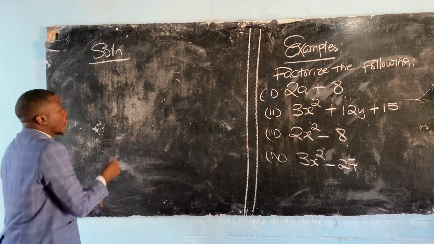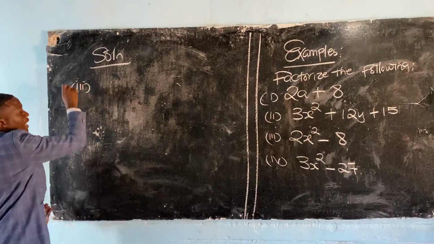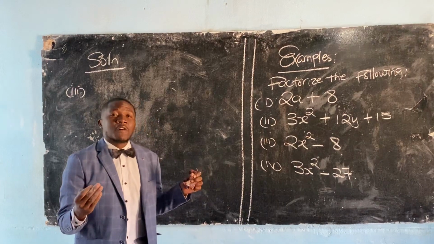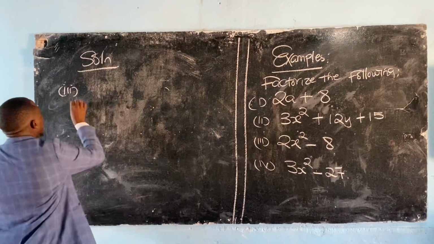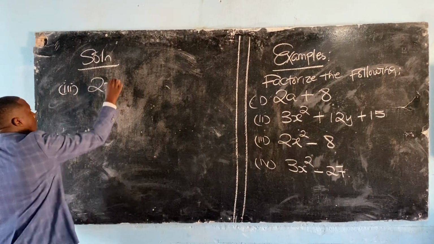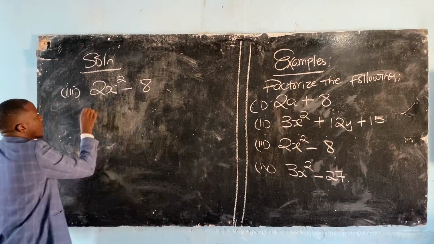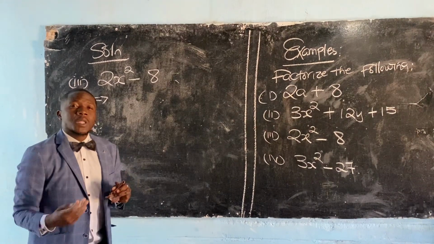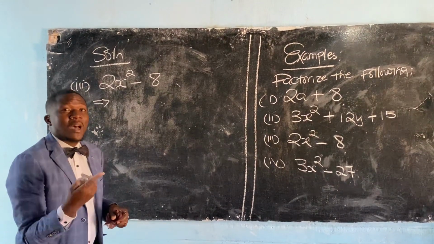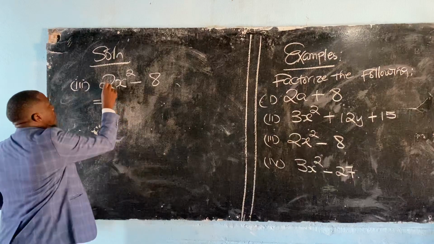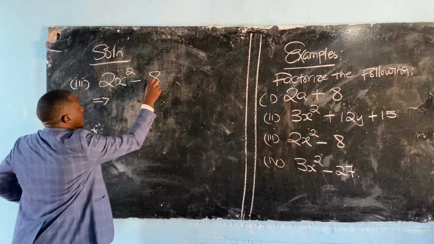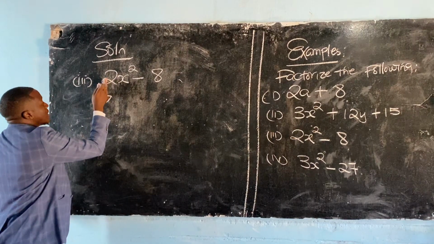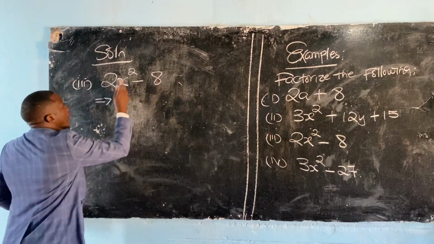Then we're going to go to Roman numeral 3. This is another type of factorization that can involve difference of two squares. So on Roman numeral 3, we have 2x squared minus 8. In order to factorize such an expression, as usual, we're going to consider what is common, either a number or a variable. 2 is the digit and 8 is another digit in the same expression, implying 2 is common as it can be divided into both numbers.